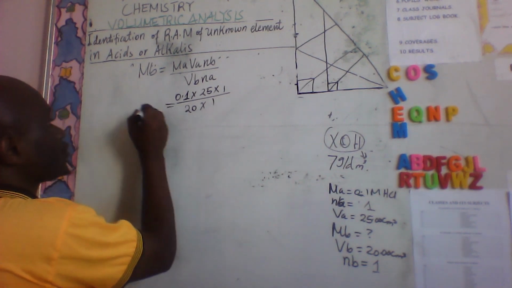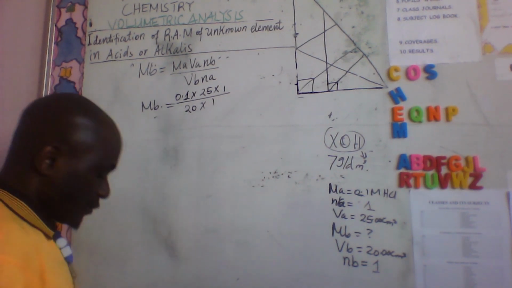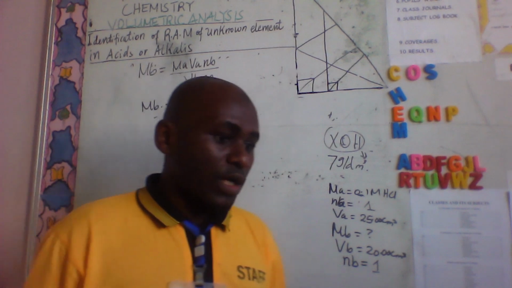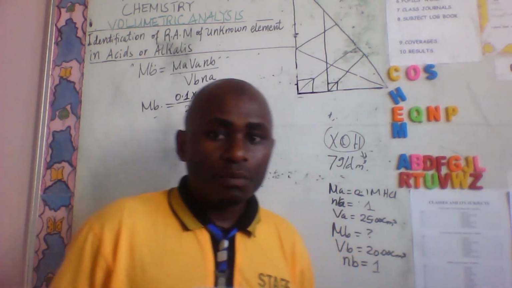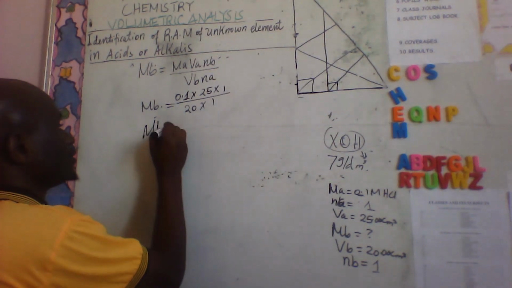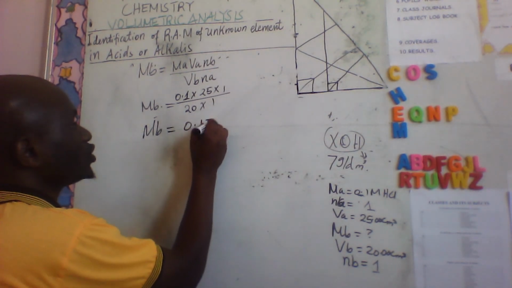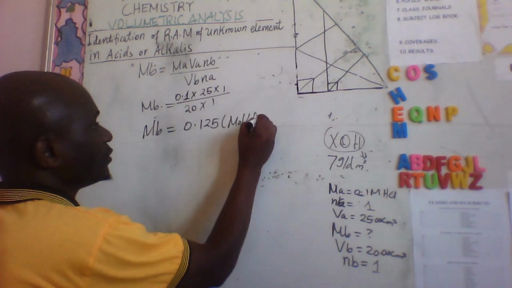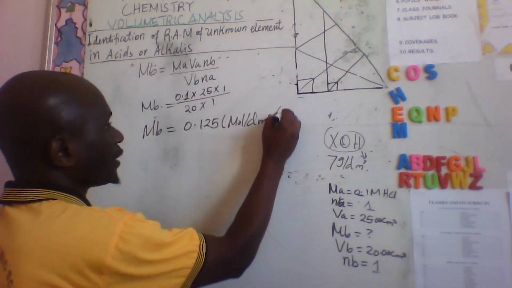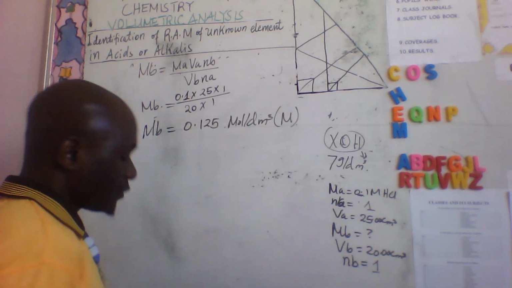So you will end up with molarity of base equal to 0.125 mole per decimeter cube, or capital M, mole per decimeter cube.